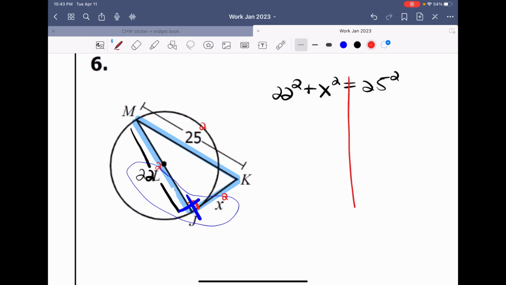And then you guys should be able to solve it from here. 22 times 22 is 484. The x squared, you bring it down. And then 25 times 25, 625. You're going to subtract 484.